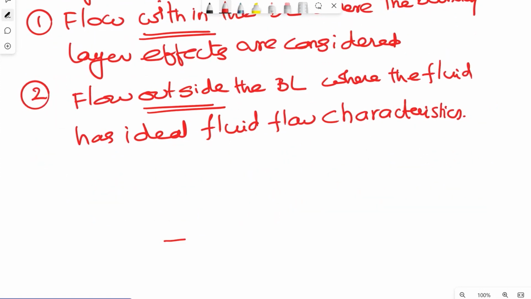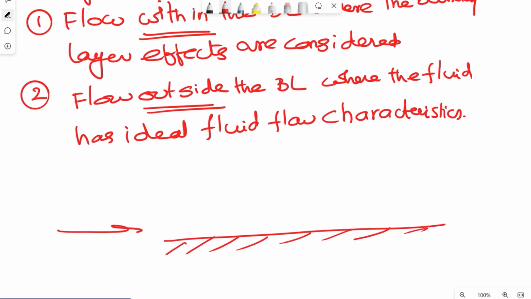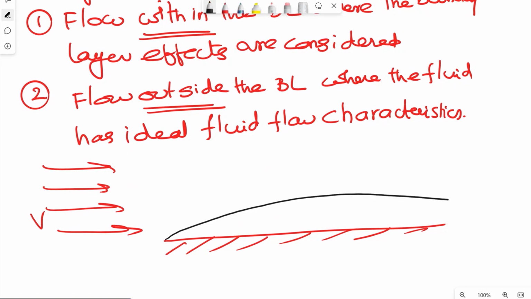Suppose I take a solid boundary, and flow takes place over it with velocity V. There is a region at the boundary, which is the boundary layer region, and this is outside the boundary layer.